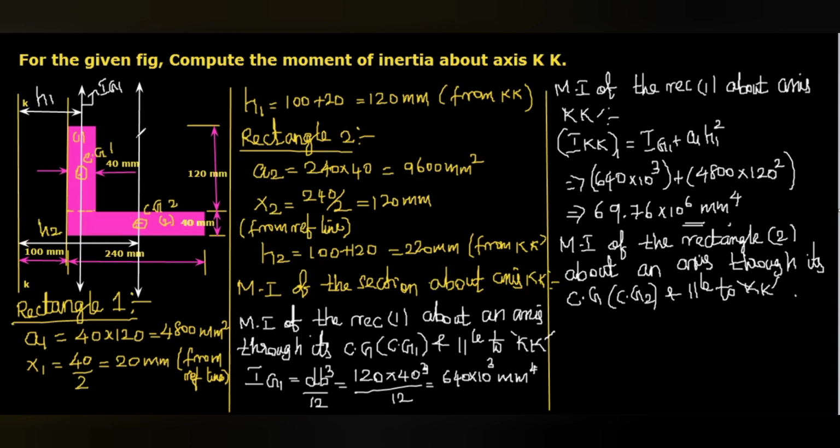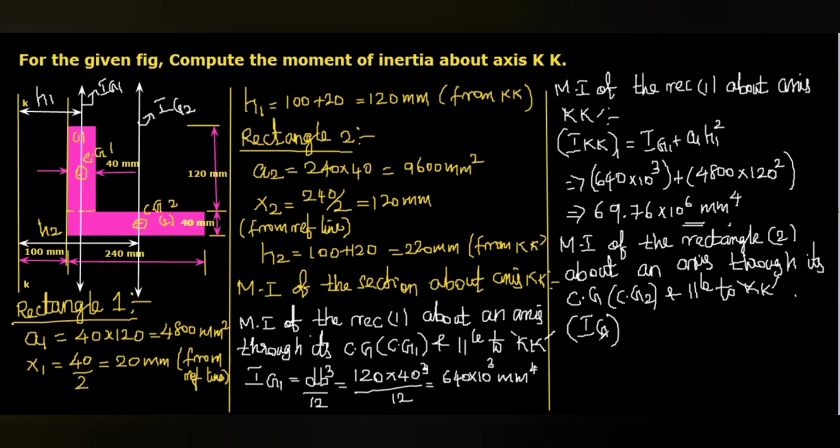That is through this axis. The moment of inertia of the second rectangle with respect to this axis, which passes through CG2 and is parallel to KK, is IG2.